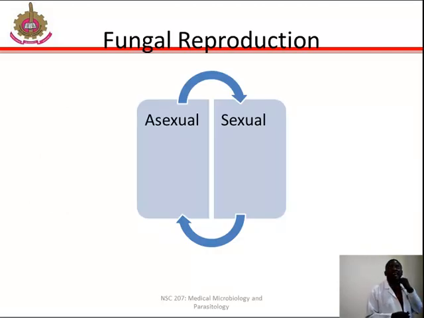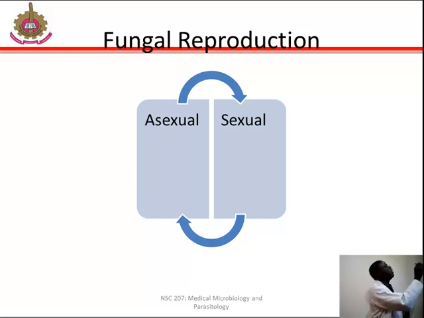Fungal reproduction, like I said earlier on, could be by asexual or sexual reproduction. When we say asexual, it means only one form of fungus. We define the cell either by spore formation or by budding, and we form two daughter cells like this.